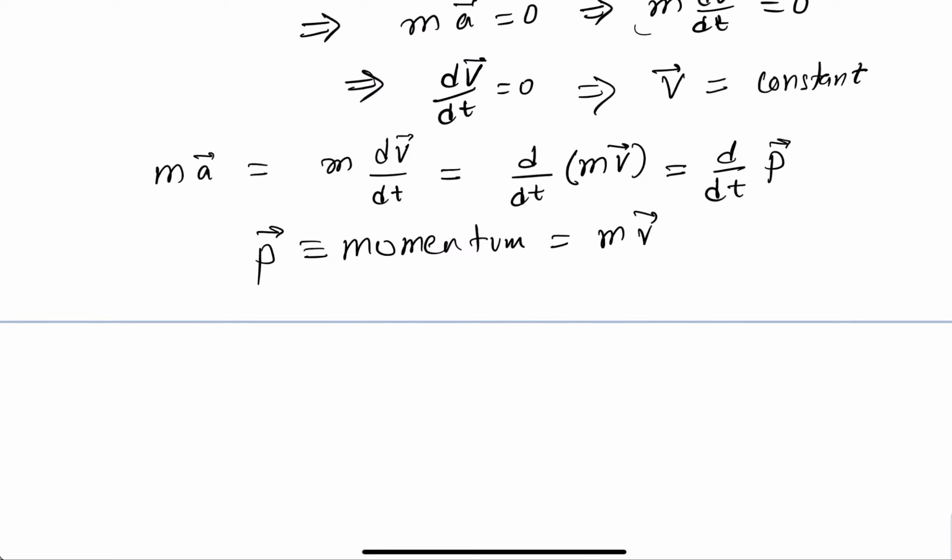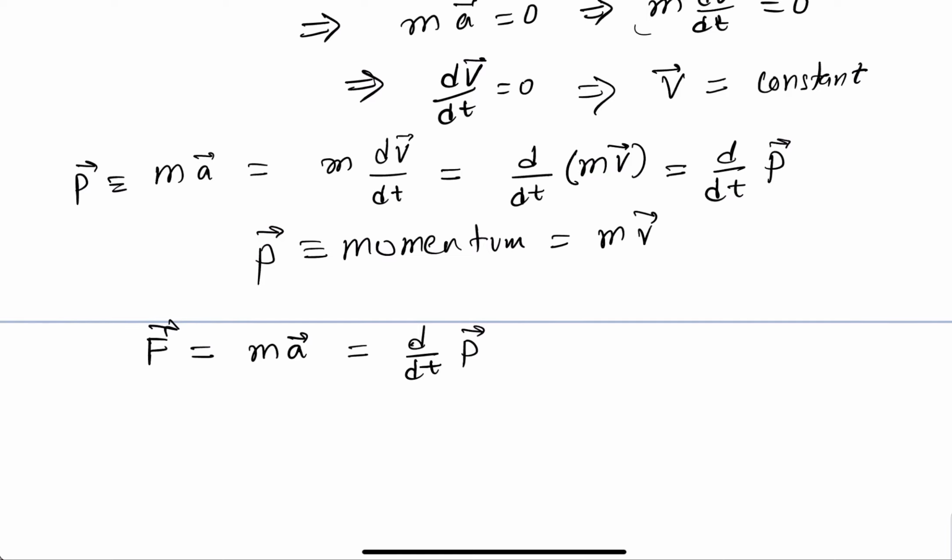And this quantity p, now we can rewrite Newton's law. Newton's law earlier was F equal to mass times acceleration. We can write it as d by dt of momentum, because mass times acceleration is the rate of change of momentum.